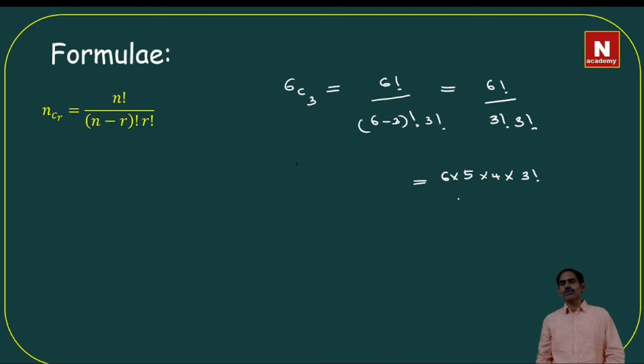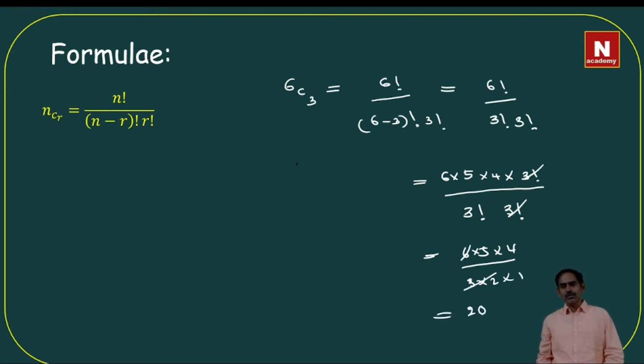Actually 6 to 1 you should write. The denominator is 3 factorial into 3 factorial. Now 3 factorial gets cancelled. So 6 into 5 into 4 by 3 into 2 into 1. 3 twos are 6, so 6 gets cancelled. The answer is 20. Therefore, the value of 6C3 equals 20. This is a very important formula you have to learn.